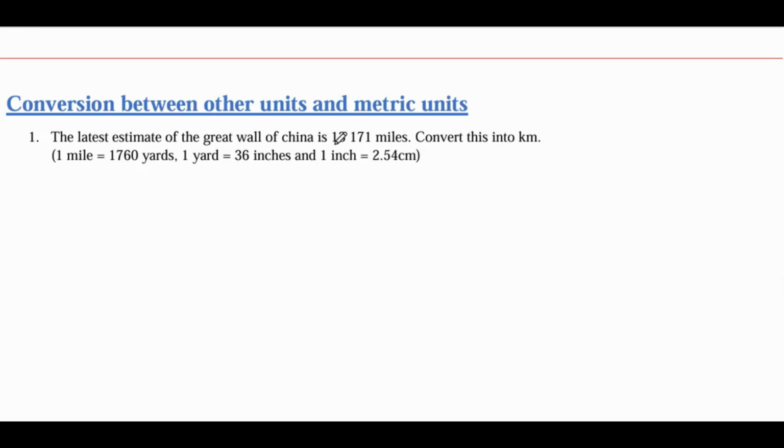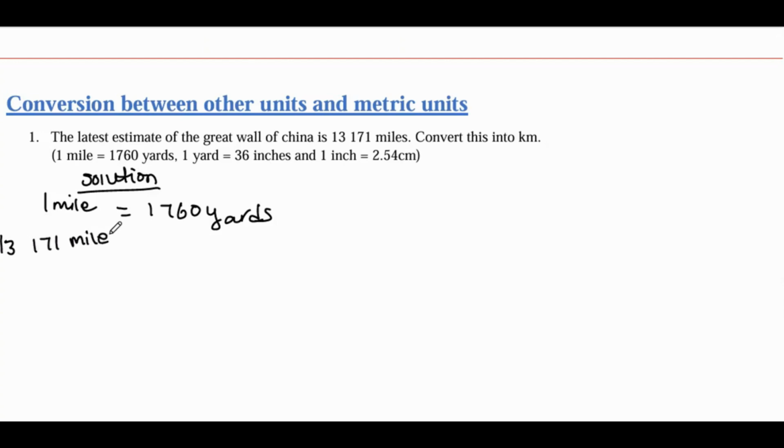Now, let's start by converting these miles into yards. 1 mile is equivalent to 1,760 yards. Now, what about the wall, which is 13,171 miles? How many yards are they?